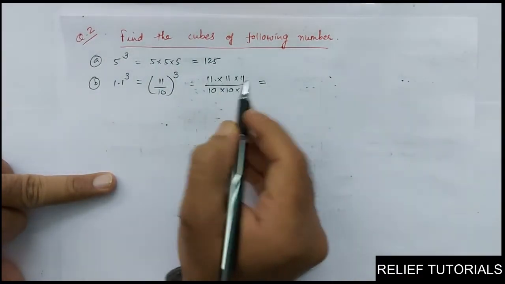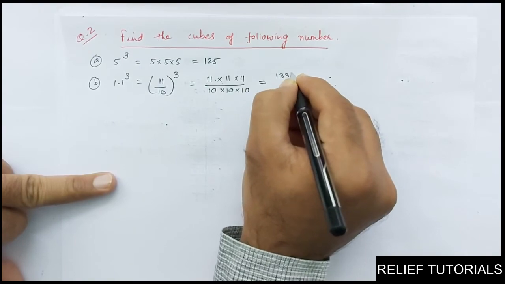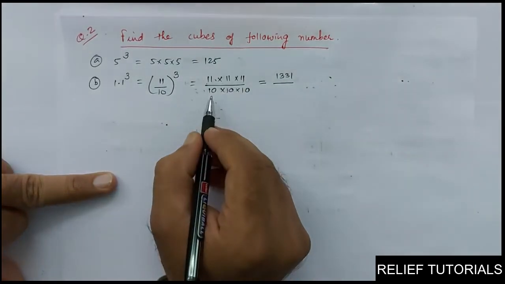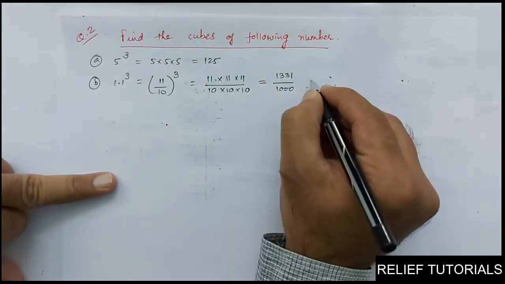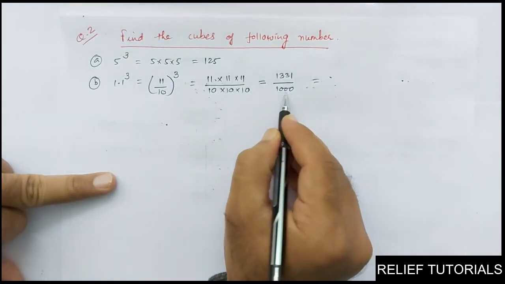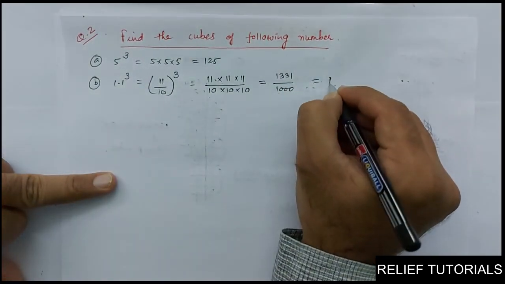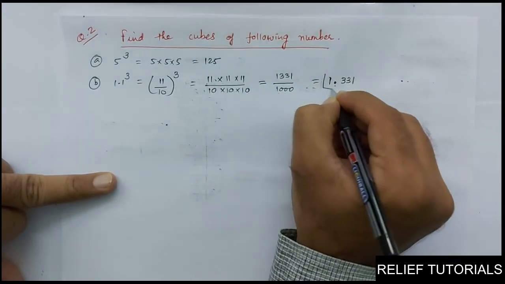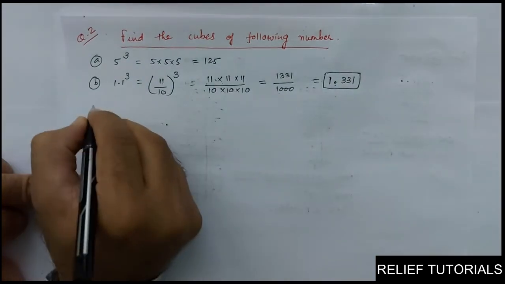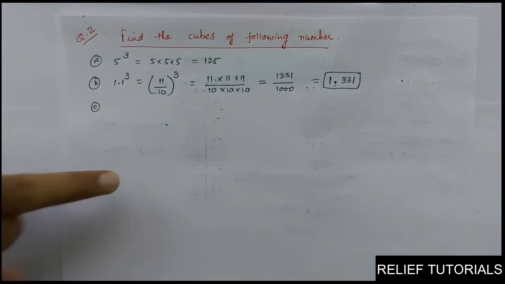So 11 11 11 is 1331. 10 10 10 means 1000. Now place the point, 3 places to be there. So it would be 1.331. Understood or not? Check it.